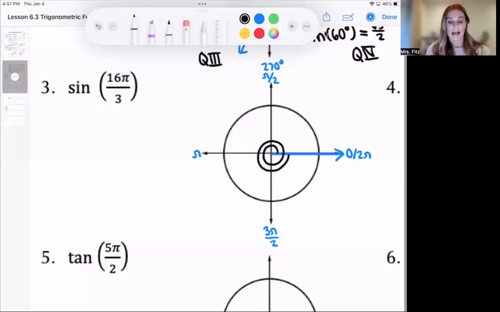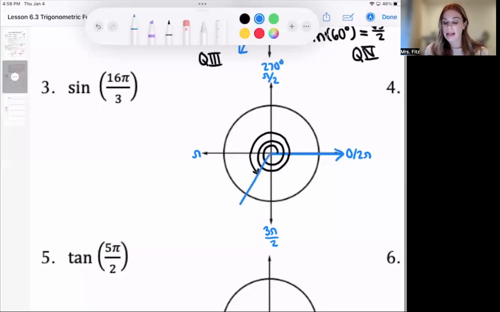If we deduct that 12 pi over 3 that we just did, we have 4 pi over 3 left. So let's see where 4 pi over 3 lands. It's a little beyond pi, which would be 3 pi over 3. So 4 pi over 3 would land about right here.